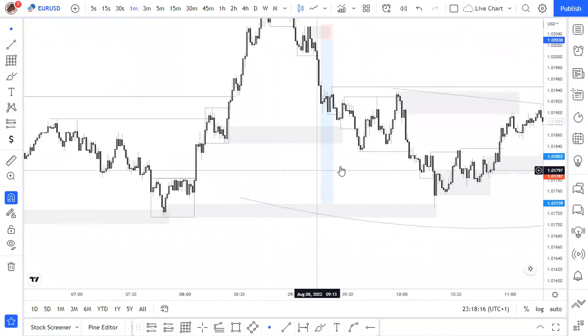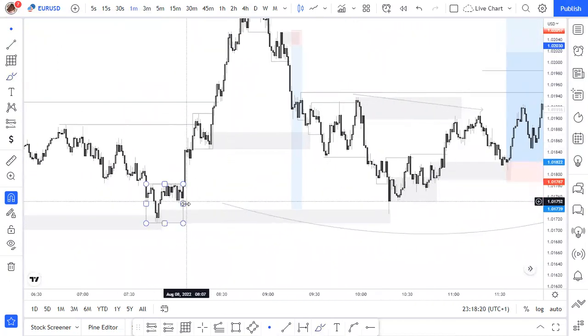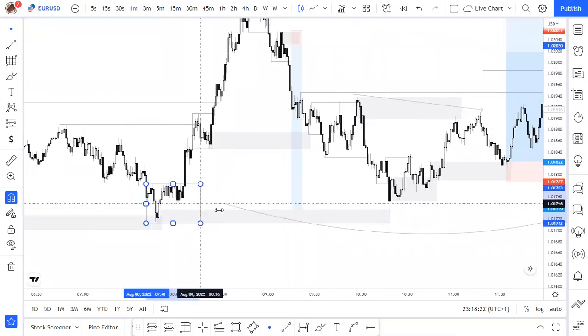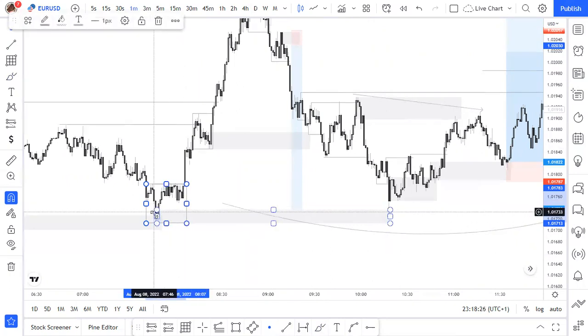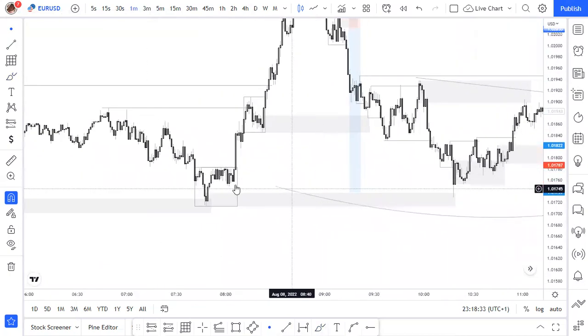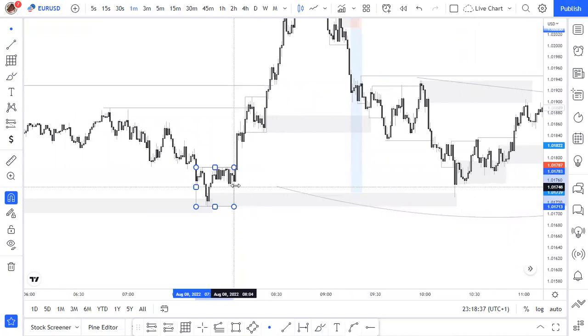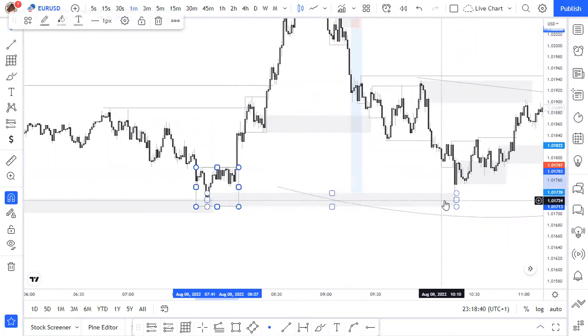So this was that 15 minute demand zone, and within this demand zone, I had this engulfed candle that is refined here at the extreme. So the thing is, when I have zones, let me say I have my whole higher time frame zone, and then I'll have the refined one.